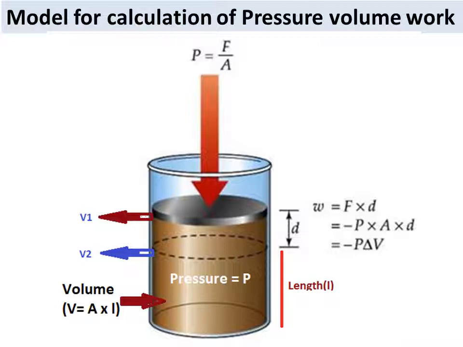You all know that gas occupies all the volume available to it, so let that volume at the initial position of the piston be V1. The initial volume of the gas is V1.